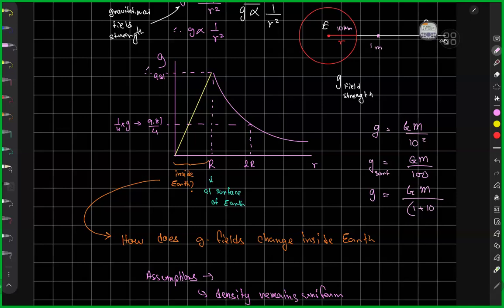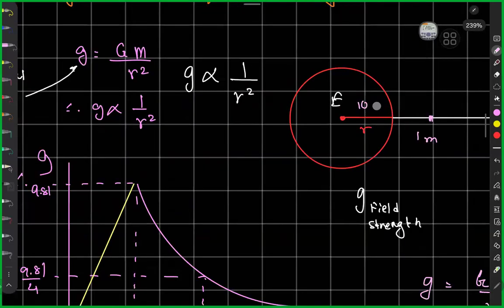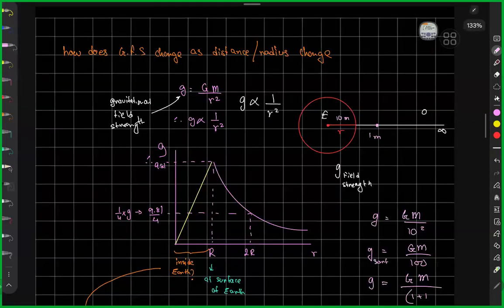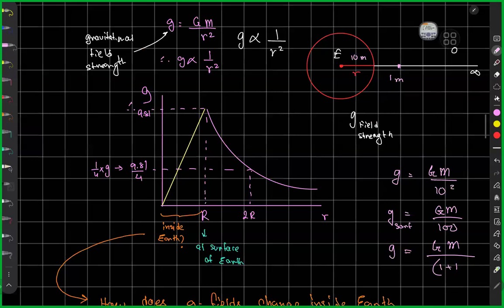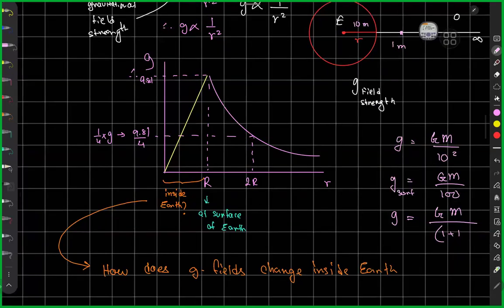So I have to turn that into meters. Since the SI unit is meters, let's have all the conversation in terms of meters, no kilometers. So this answer is correct: 1/100 into GM. I've just converted into meters.